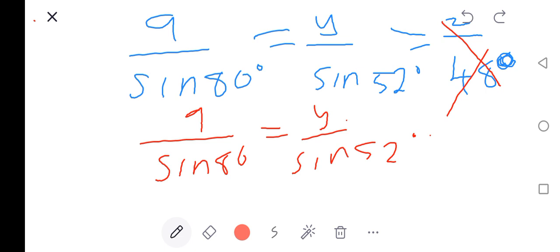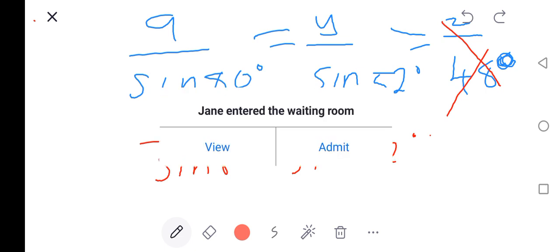So, Madam Jane is saying, for her, the easy way she finds which numbers are needed, she always looks at the side which has both the small number and the angle, which is a big angle.